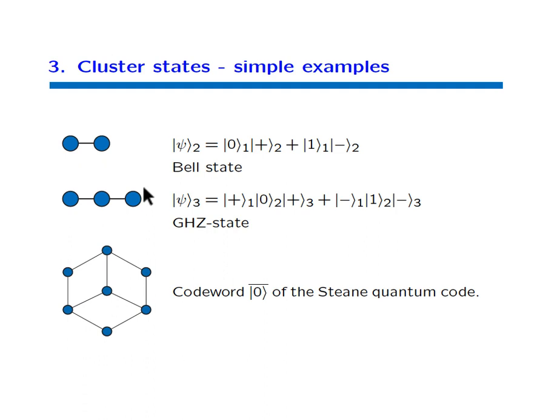Next, simplest example is the 3-qubit cluster state on a line. And that is local unitary equivalent to a Greenberger-Horne-Zeilinger state, a GHZ state. All right, let's spice it up a little bit. Let's look at more elaborate geometries like this wheel shape geometry of 7 qubits in a cluster state, and that's a code word of the 7-qubit Steane code.